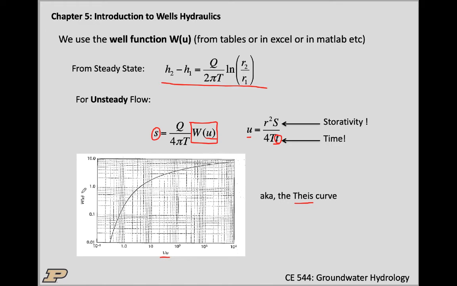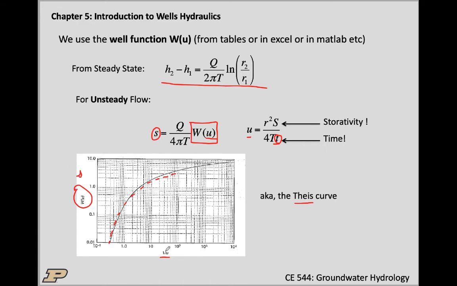So basically, W(u) is the expression of drawdown over time, right? So if you look here, again, in the equation, drawdown on the left-hand side is some kind of constant times the well function. So again, here, this is drawdown, basically, right? Transform drawdown, if you want, constant times the drawdown.